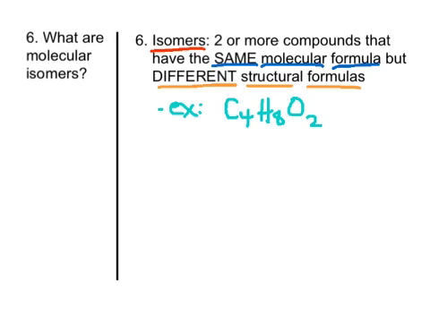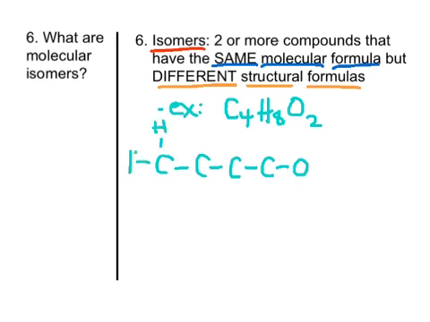So there are many ways that we can draw this out. We can draw all the carbons together in one long chain, like perhaps some of what you'll do tomorrow in class. And then we can put an oxygen at the end, and we can put our 8 hydrogens around.